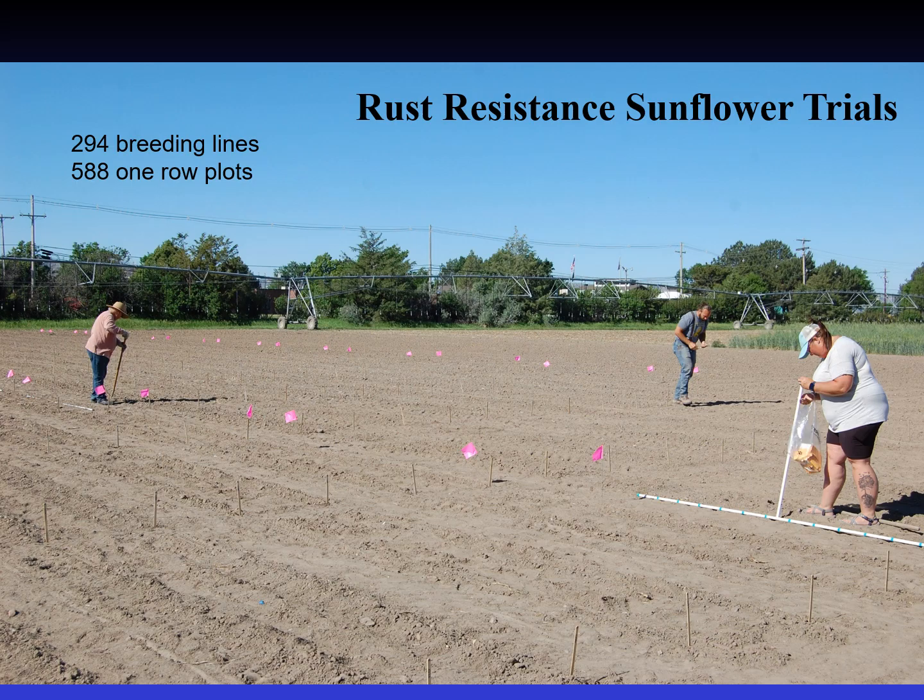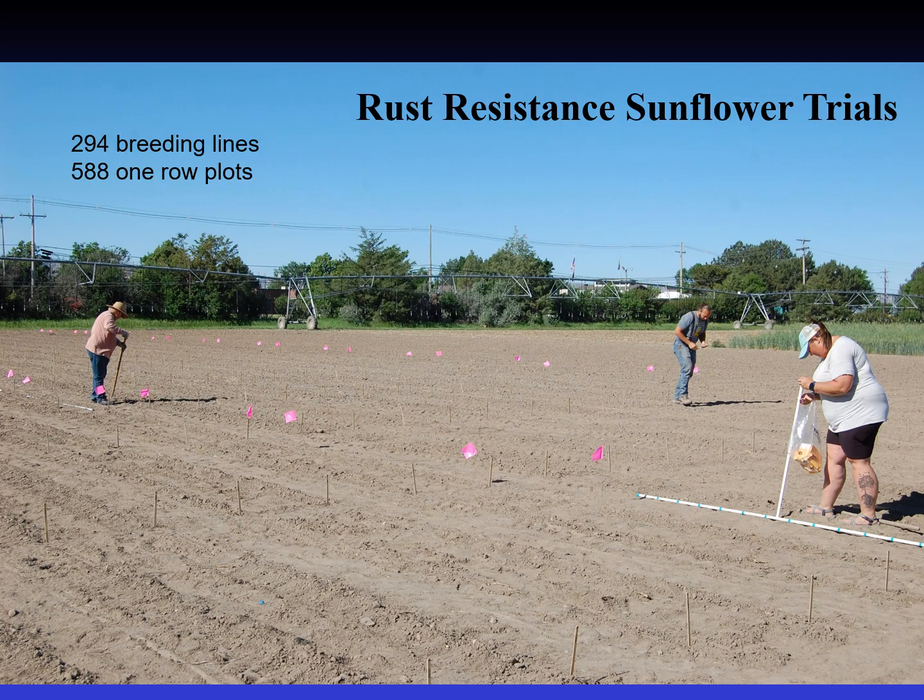It was really difficult as well. It's 588 total plots. These were one row plots, and we planted them by hand, which really made it difficult, not having the machinery. But anyway, this is the next study that we did.